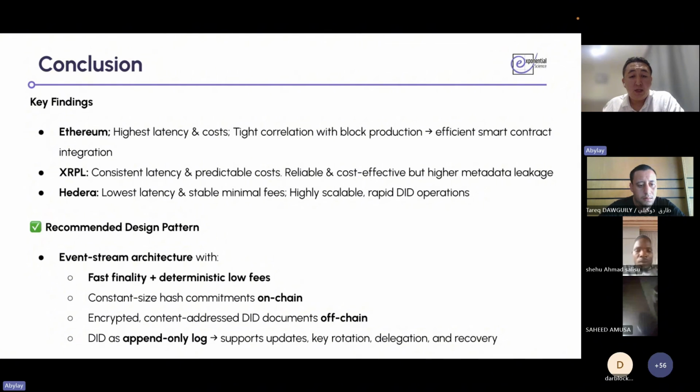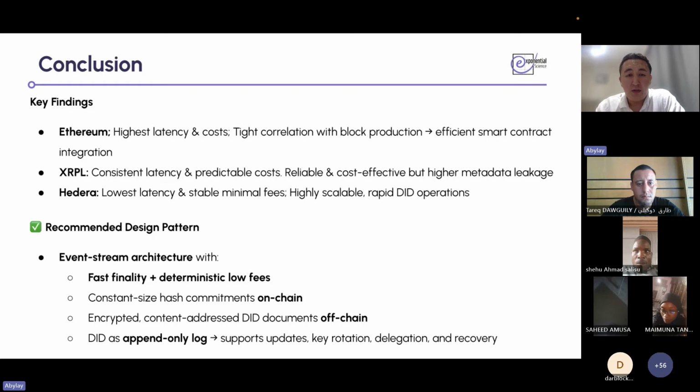We should use constant-size hash commitments on chain and encrypted content-addressed DID documents off chain so that we preserve privacy. And the DID system should support updates, key rotation, delegation, and recovery mechanisms like in Ethereum, so that users can control their identity in a flexible way.